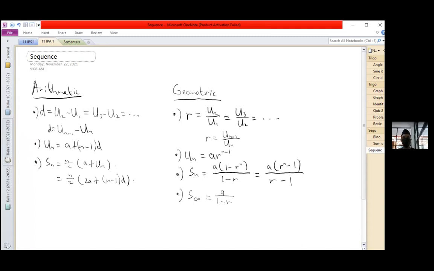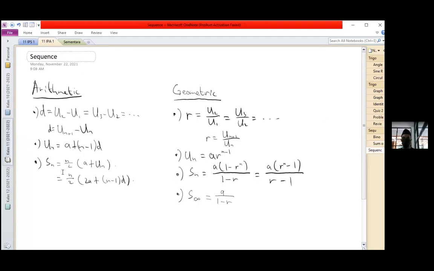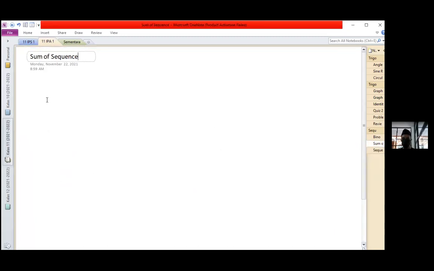I think we can start with some ground work, like how do we get those formulas? Basically, if we have Sn, which means U1, the first term, plus the second term, plus the third term, and so on until the nth term.